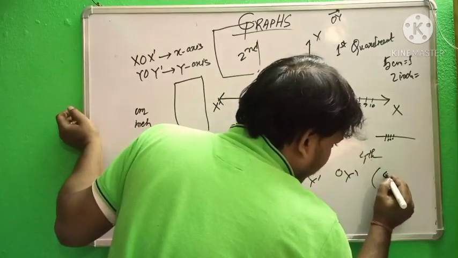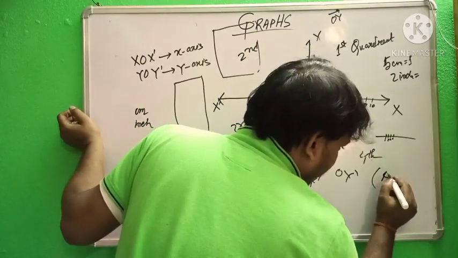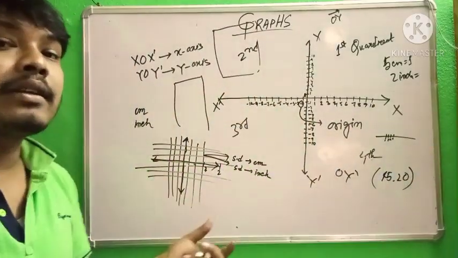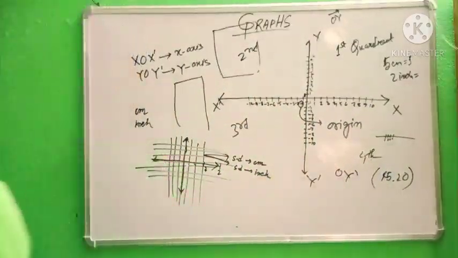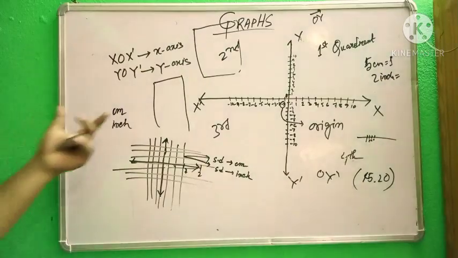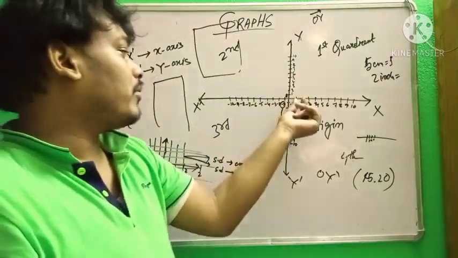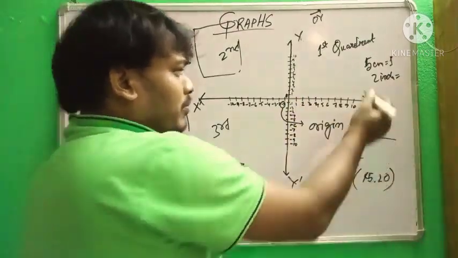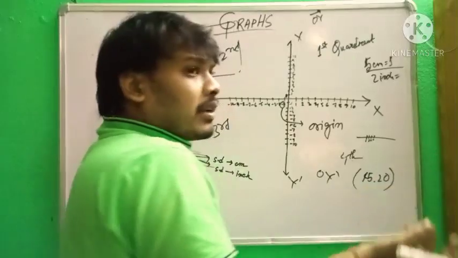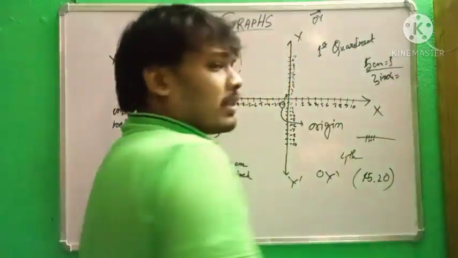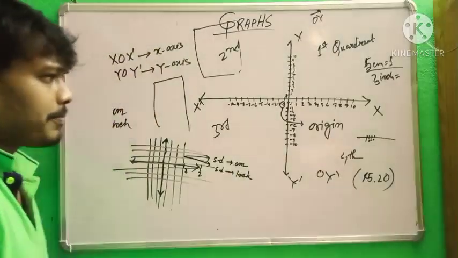So if the values given are 15, 20, we need at least 20 small divisions. So as per requirement we take 1 unit, 2 units. It is more or less 5 centimeter equal to 1 unit, or 2 inch or 3 inch equal to 1 unit, then it looks good.